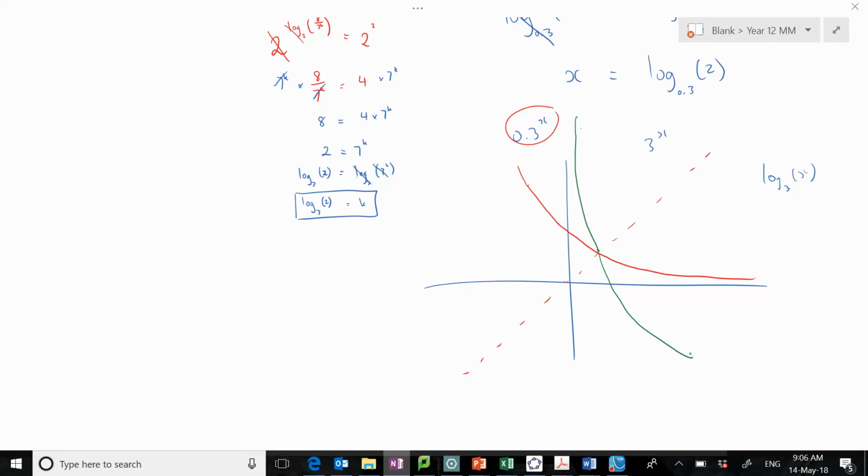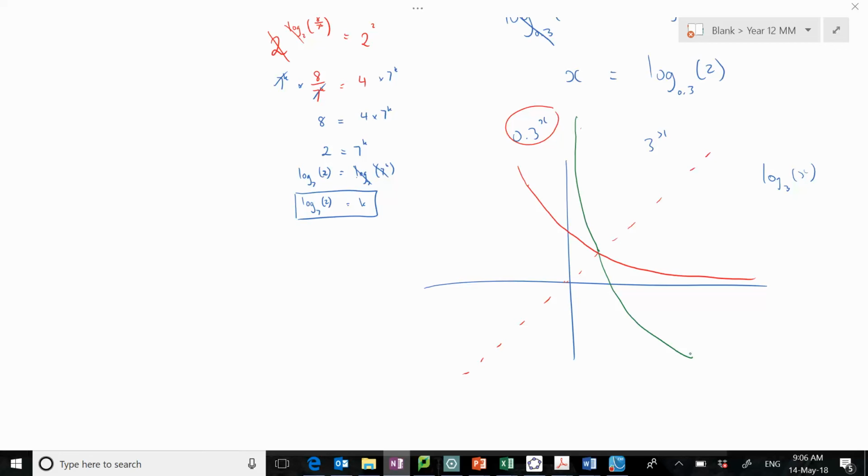So this implies when you say 0.3 to the power of x equals 2, what you have to realize is, that value there, what's the x-axis intercept? Which is the y-axis intercept. What's the y-axis intercept from 0.3? 1.